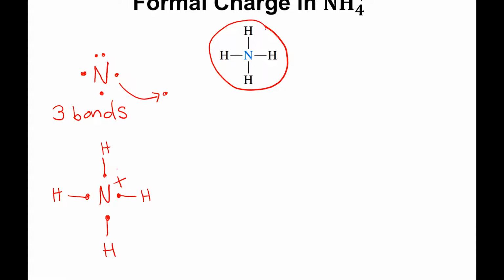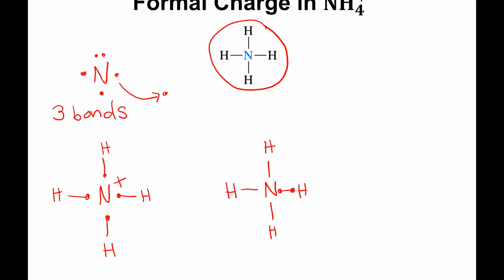We can also use our formula. So doing this using the formula, I'll show you now. If we draw our structure as shown above, like this, okay? So this hydrogen here is making a bond.